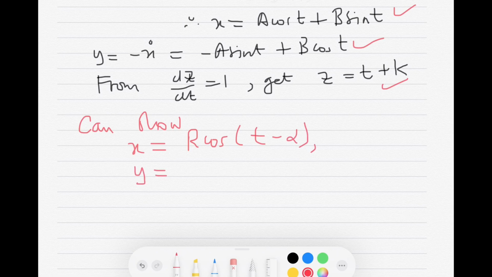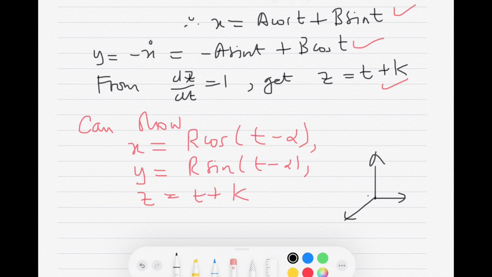Similarly, y is equal to r sine of t minus alpha, and z is just t plus k. If you choose constants in a particular way, you have cosine t, sine t, z equal to t. This, you may recall, has the helical shape, like so.